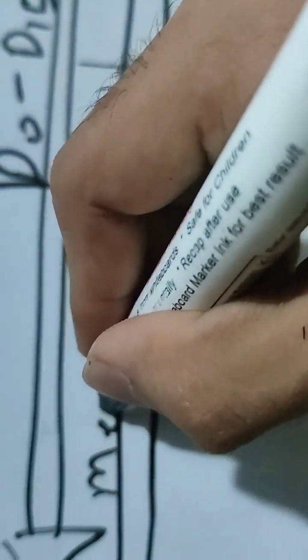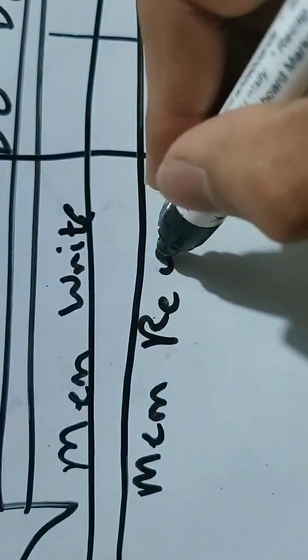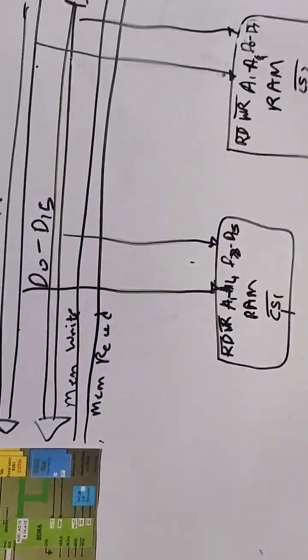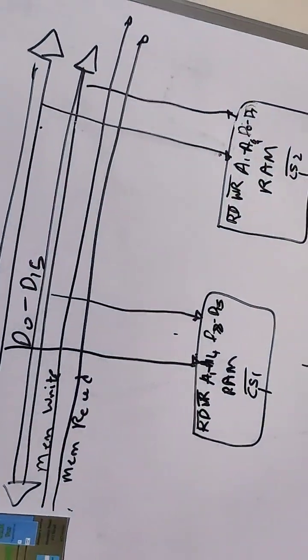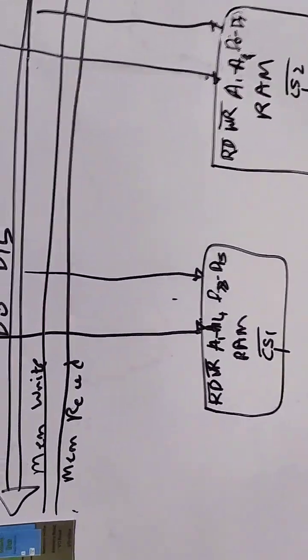So I will be taking the memory read and memory write signals out, like this. This top one is memory write, just writing in short, and this one is memory read. These are the only two we need here, so it's like two individual lines for them.